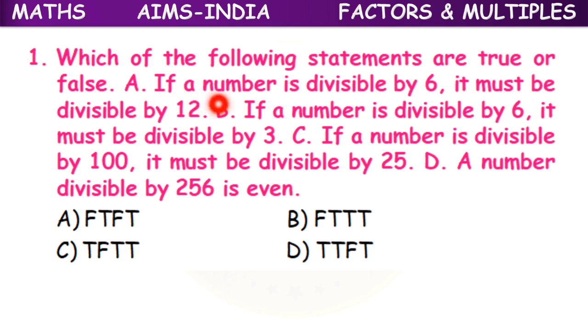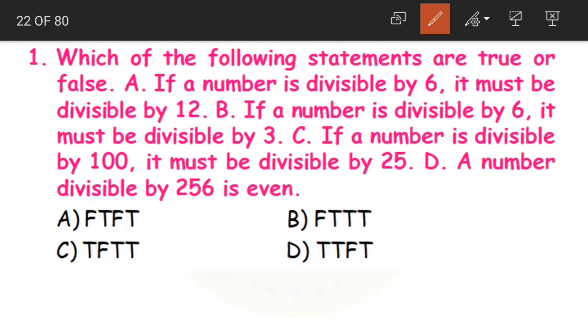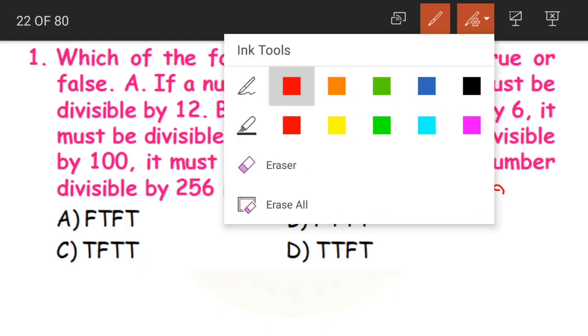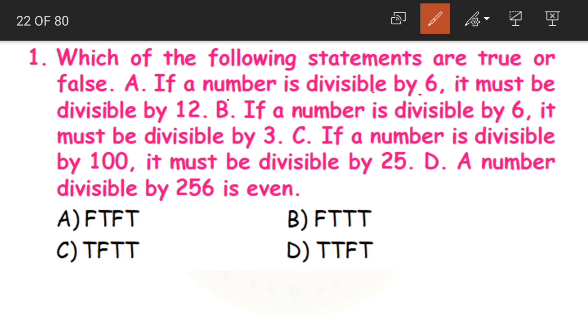Coming to the first one, if a number is divisible by 6, it must be divisible by 12. What are they saying? Suppose we have a number which is divisible by 6, then it must be divisible by 12. No children, the divisibility rule for 12 is that the number should be divisible by both 3 and 4.